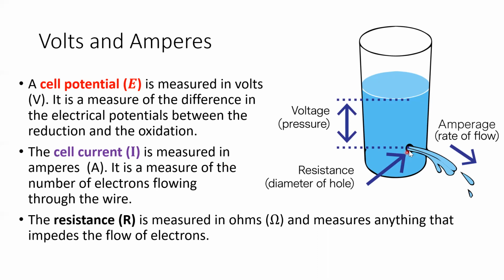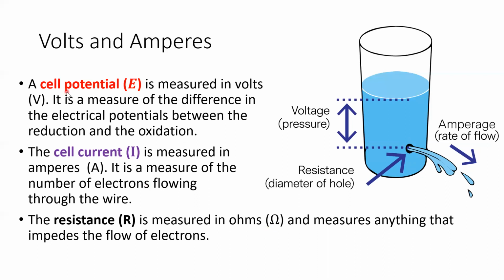And then if the diameter of this hole is really small, there's going to be a great degree of resistance for water flowing through it. If the hole is really big, there isn't going to be as much resistance for the water flowing through it. Resistance is just the push against the flow of electrons.